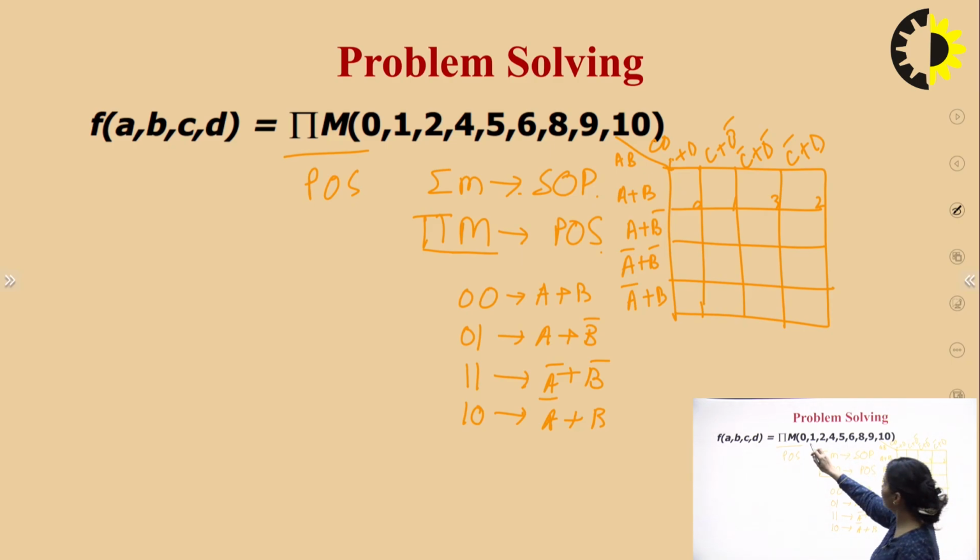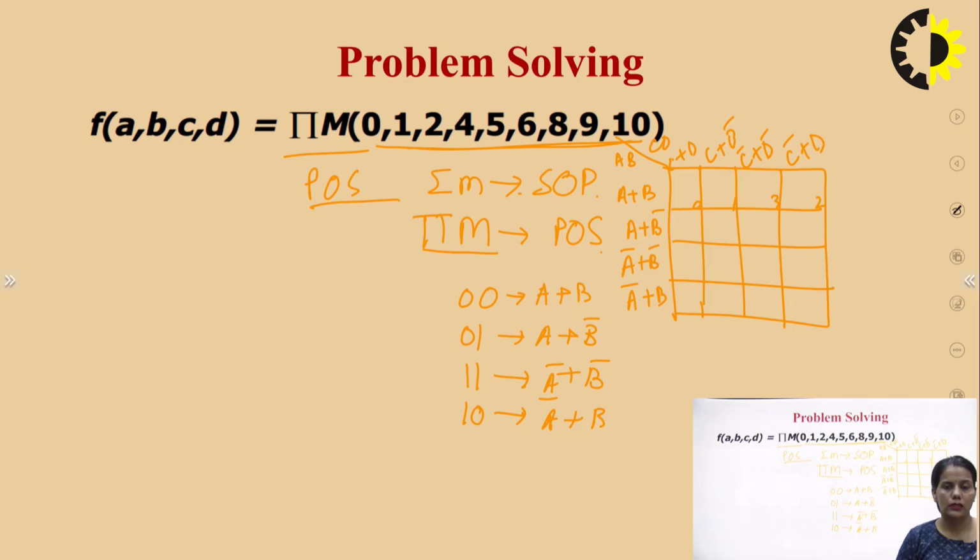So at these positions you will fill zeros, and ultimately when you make the final expression, okay, grouping is similar, you will make the groups according to the same rules that you were using in the sum of products forms. But in this, at the end when you make the final expression, it will be in the product of sum form rather than the sum of products. This is the only difference between this problem and the previous ones.